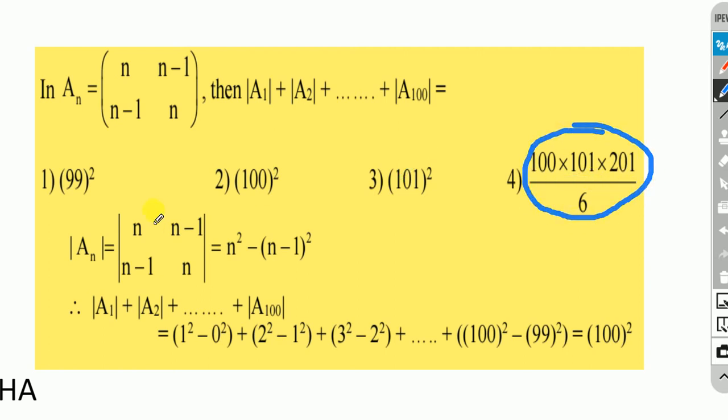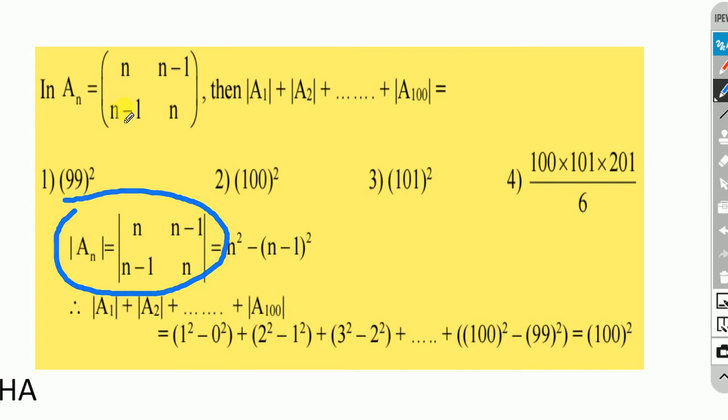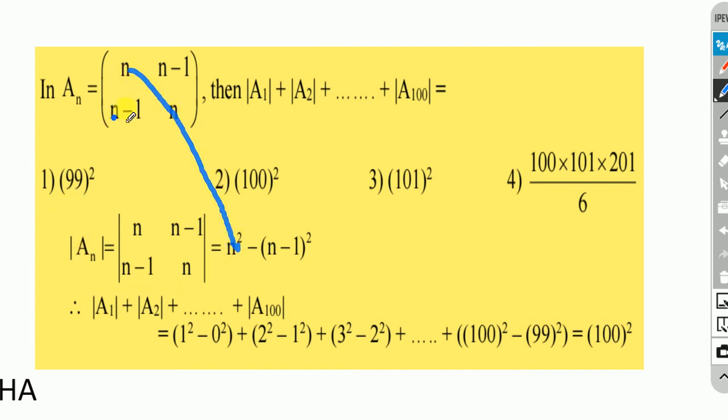We have solved a similar question earlier, where I have determinant of A_n. When you expand this, you can find the value of the determinant: n into n is n square, minus n minus 1 whole square. We have seen that this is nothing but 2n minus 1. So a similar problem is solved; 2k minus 1 we got. We have 100 terms, therefore I have 100 square.